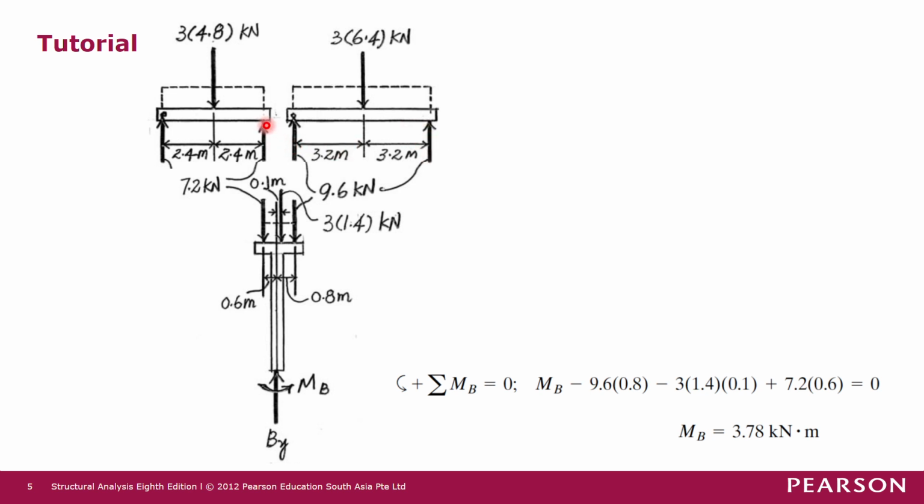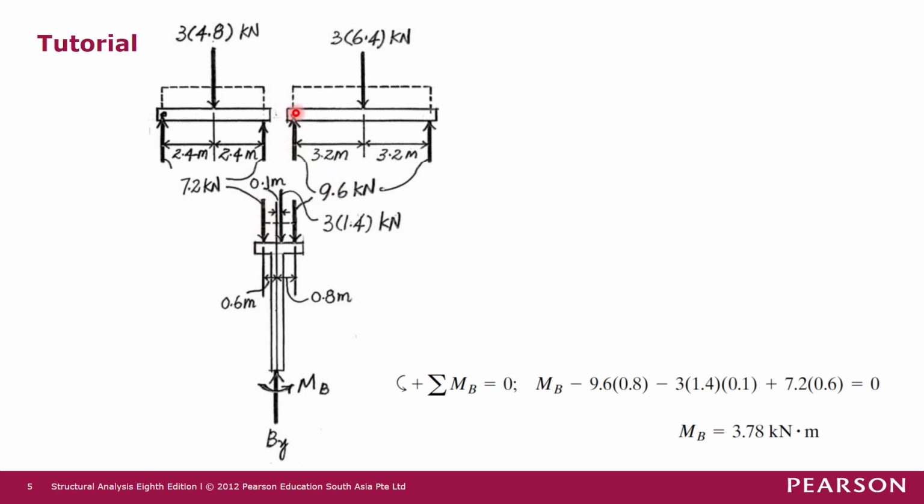As mentioned before, this part of the beam is sitting on this part of the structure, so this reaction is actually provided by this part of the structure. This reaction will become an action on this structure. So this is 7.2 kilonewton.